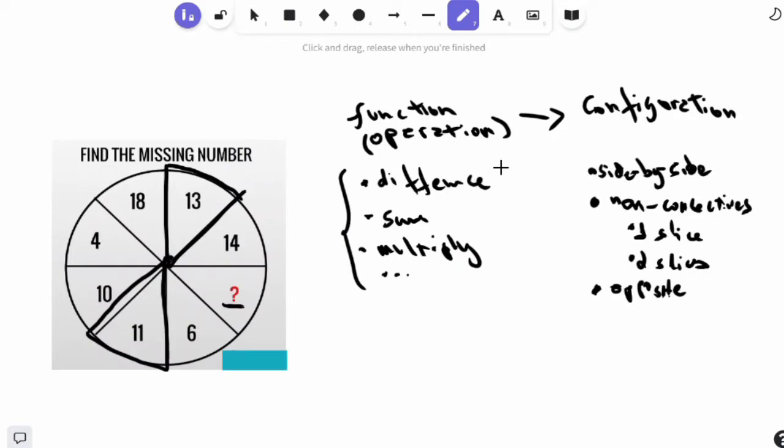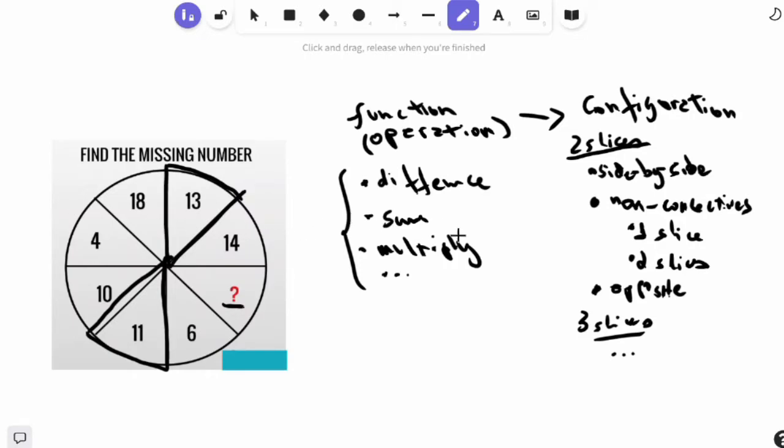So here we are applying these functions on only two slices, but you can think of applying them on three slices, or more. So let's begin with the simplest one.